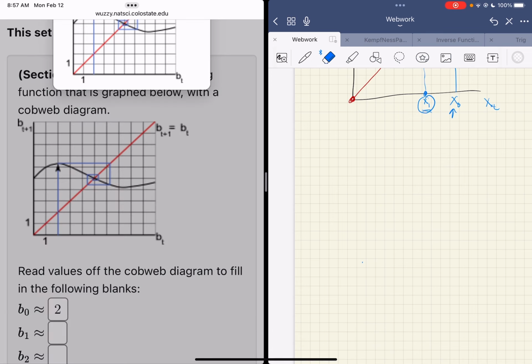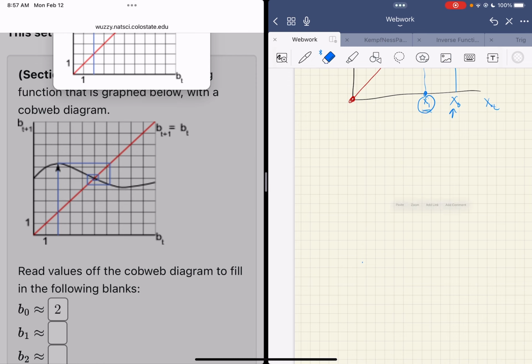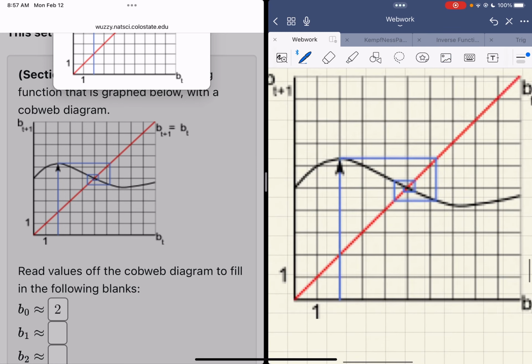All right, let's try this, copy image, paste, great. Okay, so here was B0, this spot, because it lies on my updating function, has coordinates B0, B1.